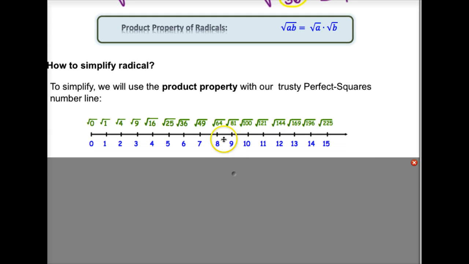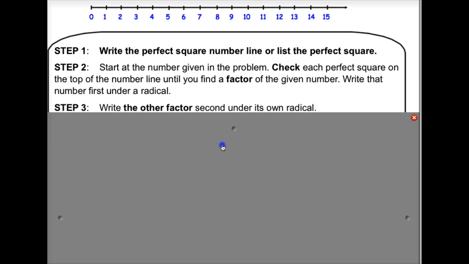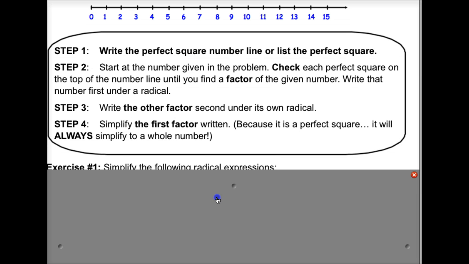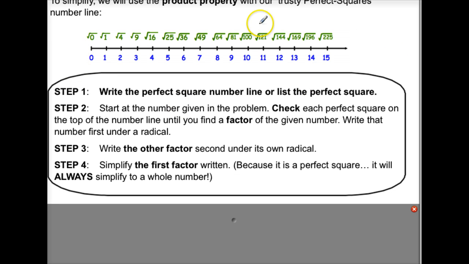Now, there are a few steps we need to look at when we're factoring or simplifying a radical. The first thing we want to do is write the perfect square number line. You can write it like this up here, or you can start at 0, 1, 4, 9, 16, and so on, all the way to wherever is needed.